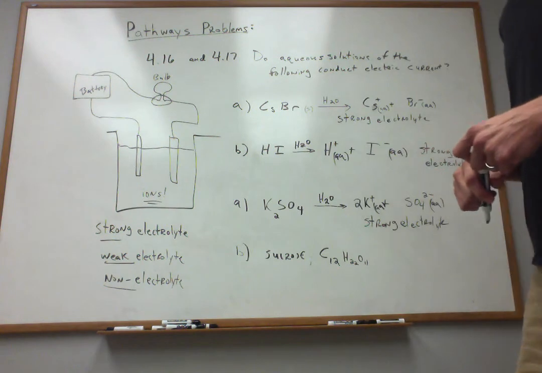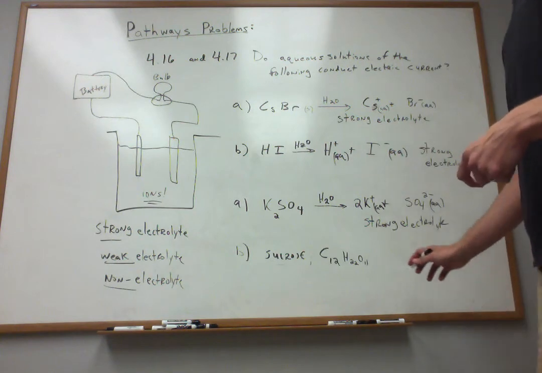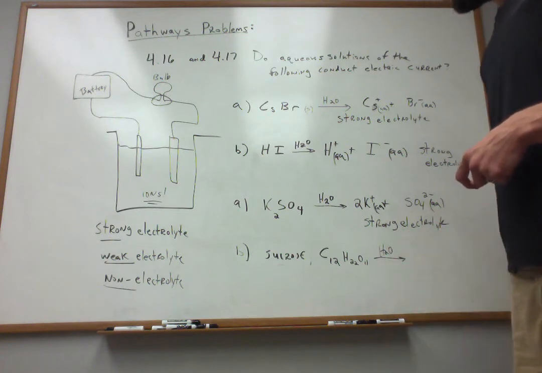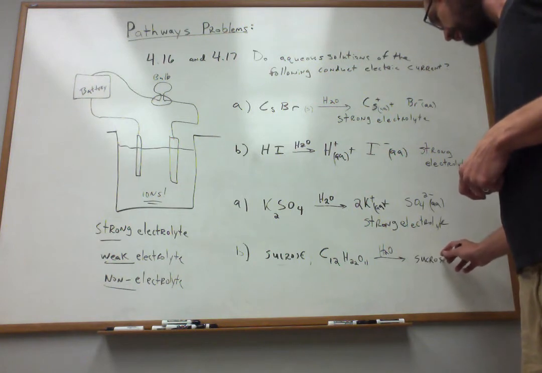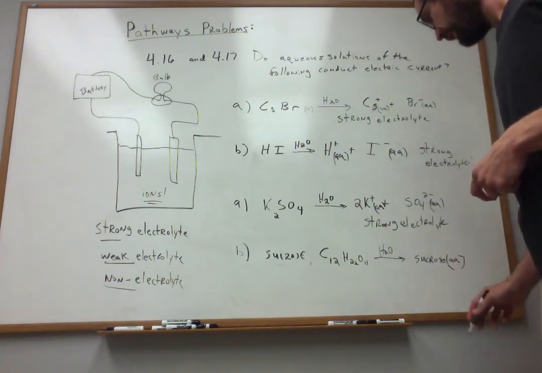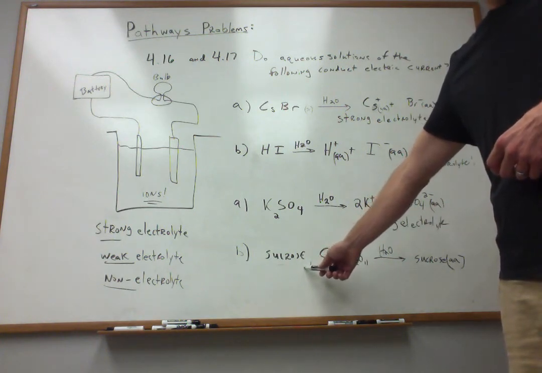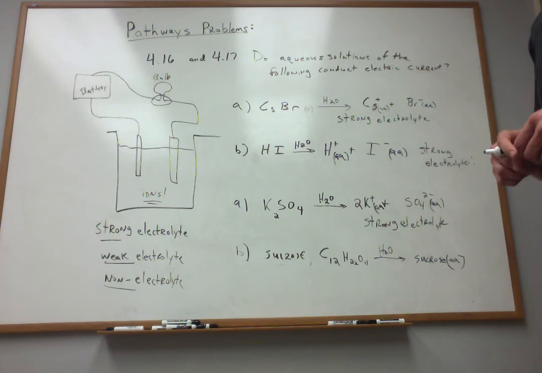Now, part B on question 4.17 is a little bit different because here we're dissolving sucrose. This has the formula for sucrose. Sucrose is just sugar. Now, if I put sucrose in water, it turns out it will dissolve. But when sucrose molecules dissolve in water, there's no ionization or breaking apart into ions. Sucrose is a molecular covalent compound. I can get it to dissolve into water, and everybody's seen that. If you throw a tablespoon of sugar in water, you can get it to dissolve. Doesn't mean it disappears.